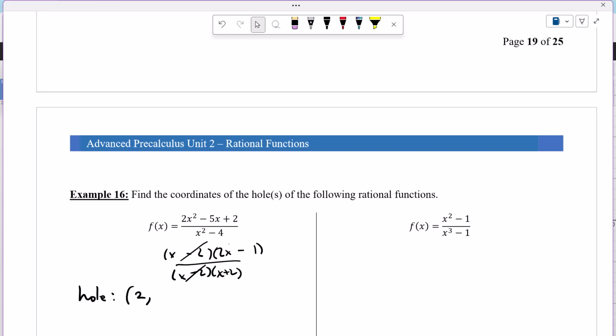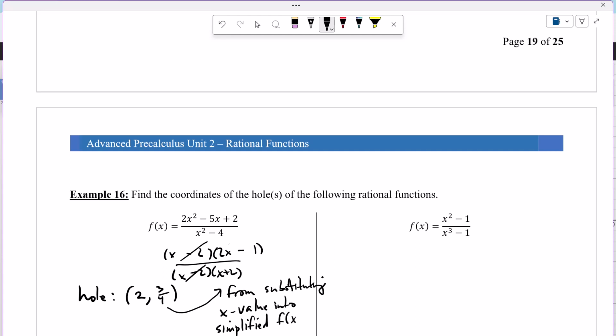Substituting the x value into the simplified f of x gives the y value.